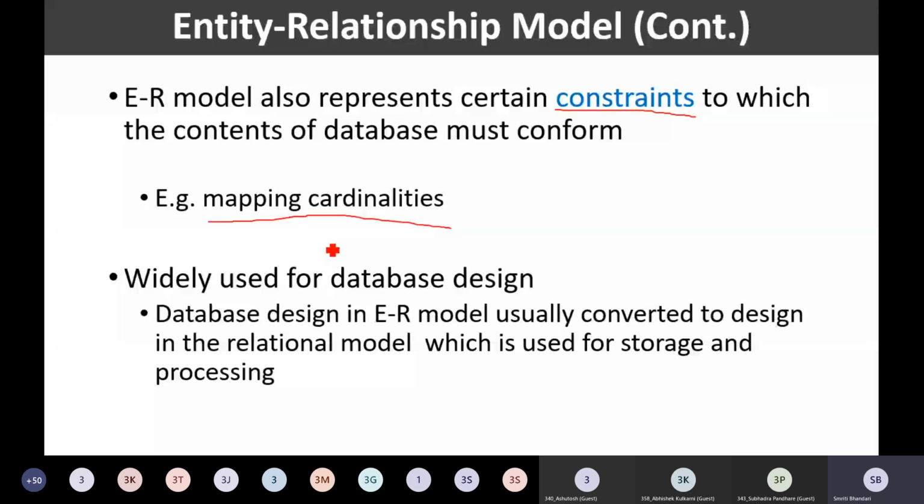Initially, we gather the information. If I want to build a database management system or an application for a typical enterprise, I'll first gather the information related to that enterprise. Once I have that information, I'll analyze it and come up with an ER model, a diagrammatic representation of the database.